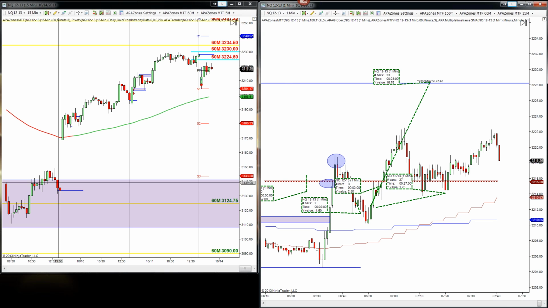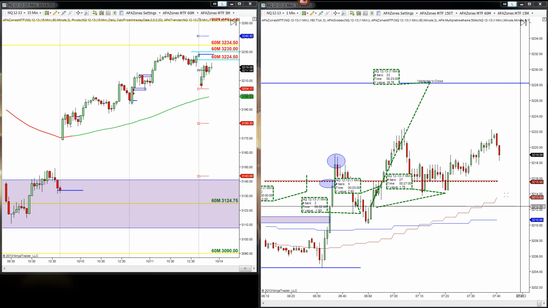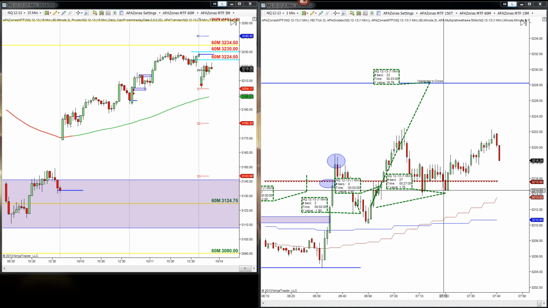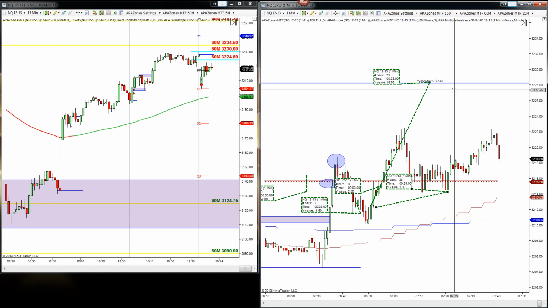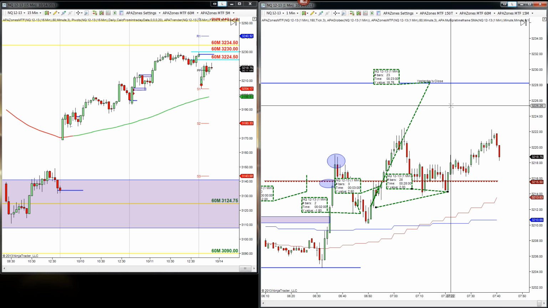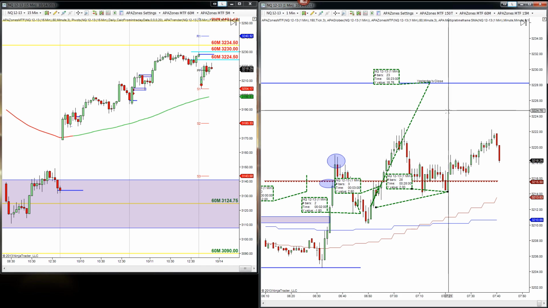I think it is. Let me check this out. And we're just going to see how this plays out. Yeah, just below this little low here, I'm sitting one tick below that. And we'll see how this thing goes. So that's my trade so far today.